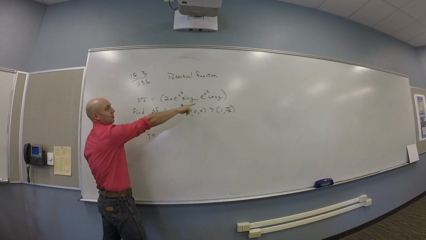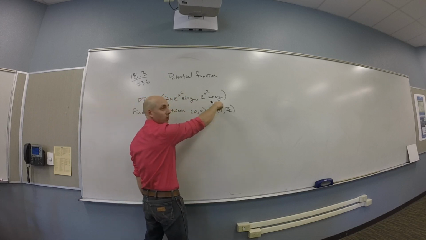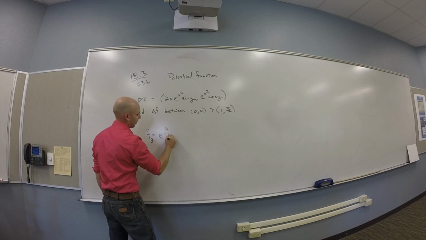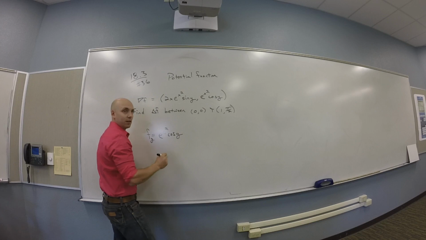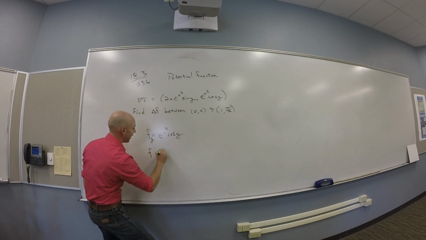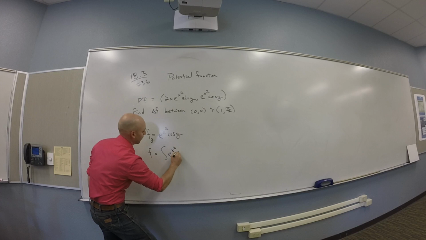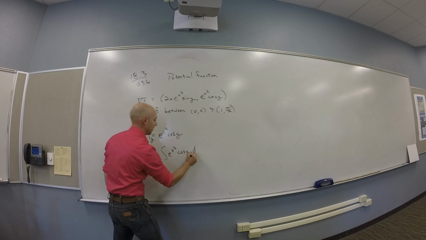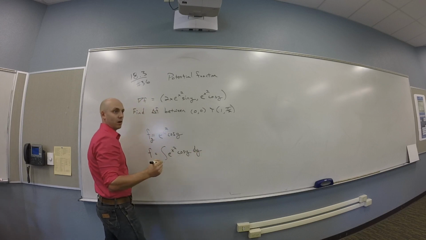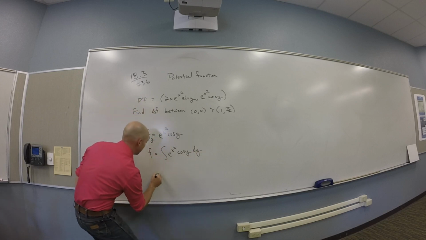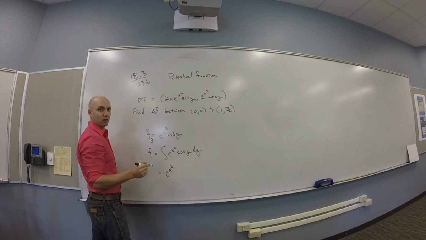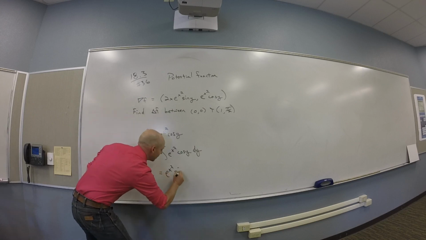So what I might do is look at this guy, my e to the x squared cosine y, and think, okay, if that's f_y, then f should be the antiderivative of that stuff with respect to y. And so I get e to the x squared times the antiderivative of cosine. Sine? It's either sine or minus sine.